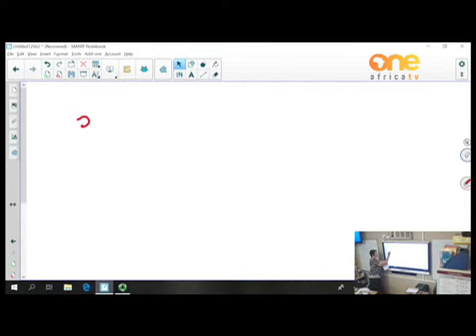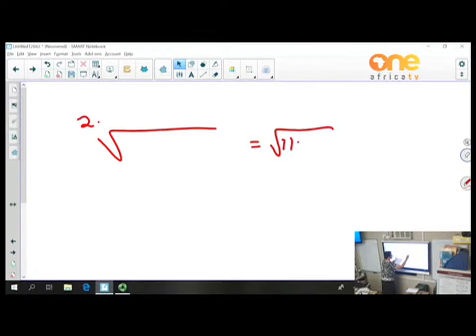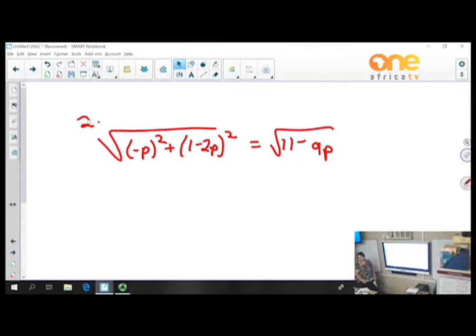Right, question 2. So you're actually going to do the same thing to say that this is 11 minus 9p. So on this side, I will have 1 minus p minus 1, which is then negative p squared. And then the second one is then plus 1 minus 2p squared. So I simplified that first one. 1 minus 1 is 0, so it falls away. So then you have in the root p squared.